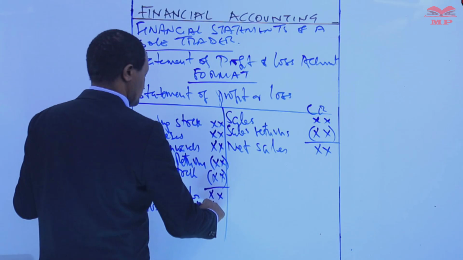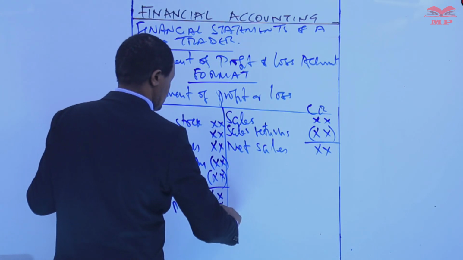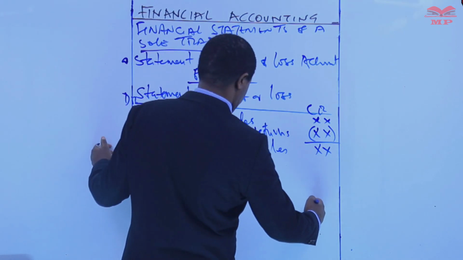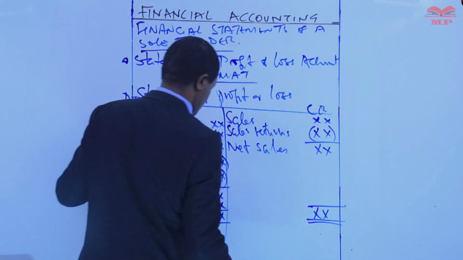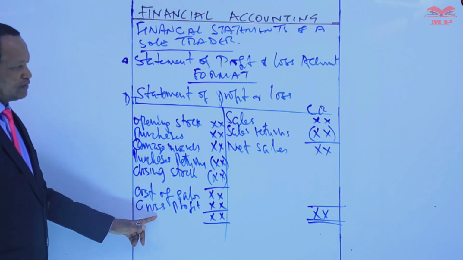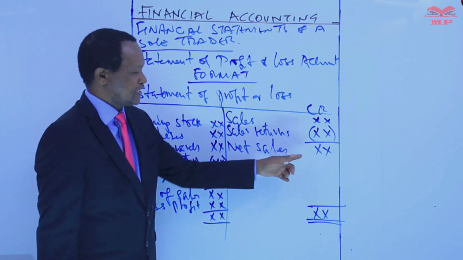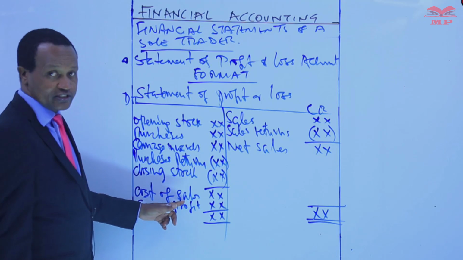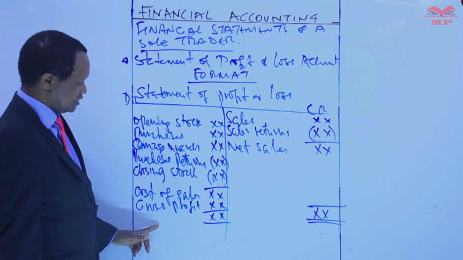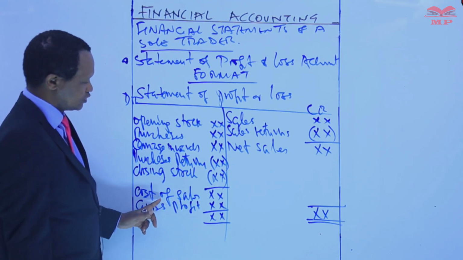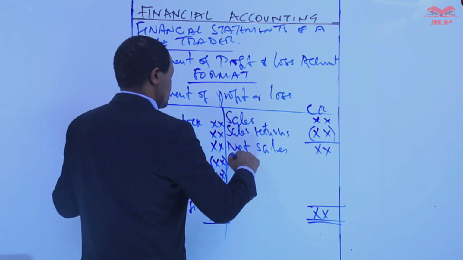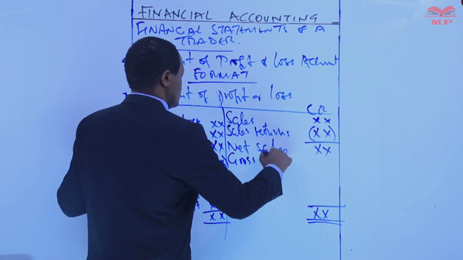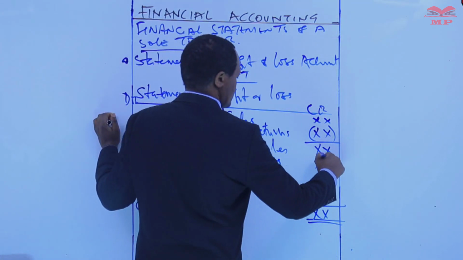The gross profit. So that account, we will close it. See, we have the gross profit. If the net sales is higher than the cost of sales, we'll have the gross profit. But if the cost of sales is higher than the net sales, then we have the gross loss.